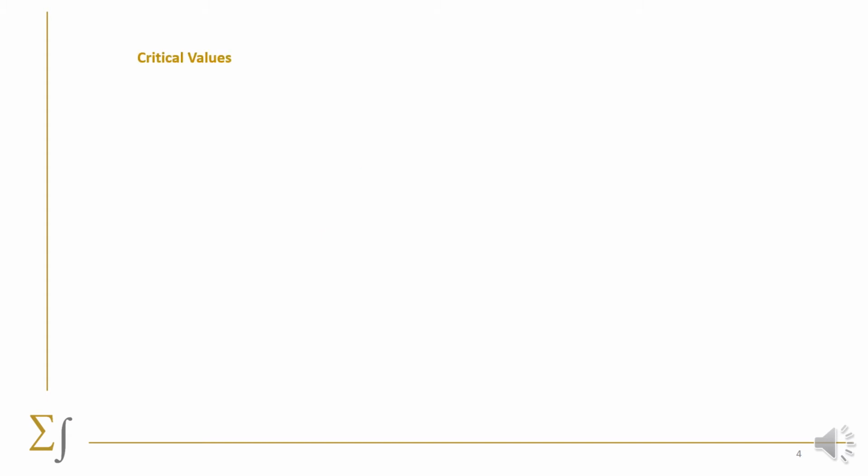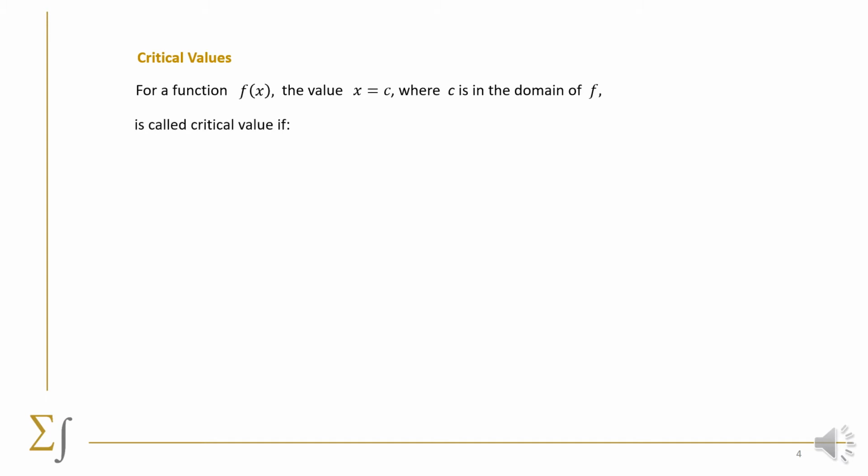In this slide, we discuss the critical values for a function f of x. The value x equals c, we call it critical value for the function f of x if it belongs to the domain of the function f and it satisfies one of the following conditions.